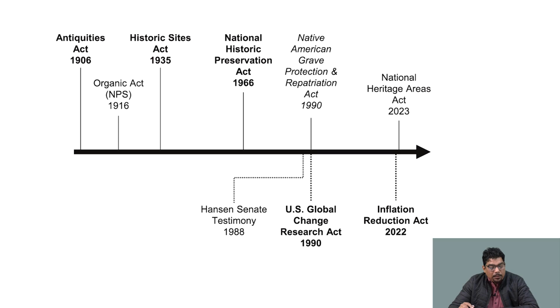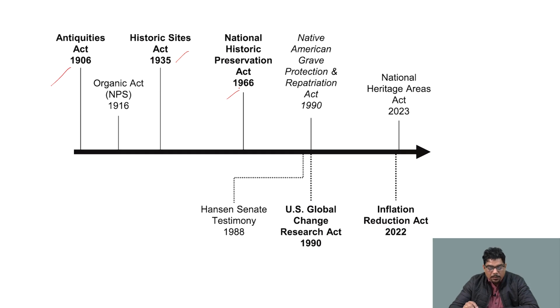And if you look at the journey of heritage-centered actions in America, we see this through this diagram. In 1906, there was the Antiquities Act. Then in 1916, the Organic Act. By 1935, there was the Historic Sites Act. Then in 1966, the National Historic Preservation Act.